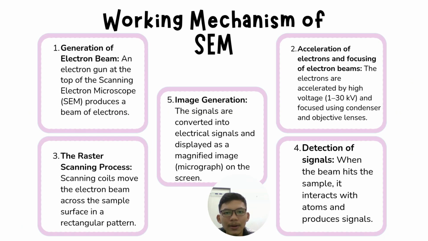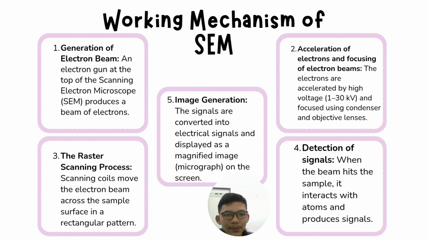Working mechanism of SEM. Number one, generation of electron beam. An electron gun at the top of the scanning electron microscope produces a beam of electrons. Number two, acceleration of electrons and focusing of electron beams. The electrons are accelerated by high voltage, 1 to 30 kilovolt, and focused using condenser and objective lenses. Number three, the raster scanning process.